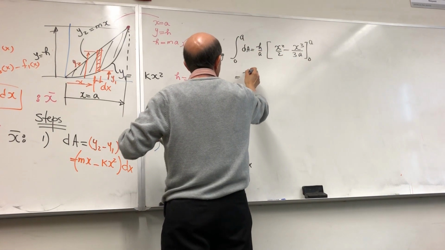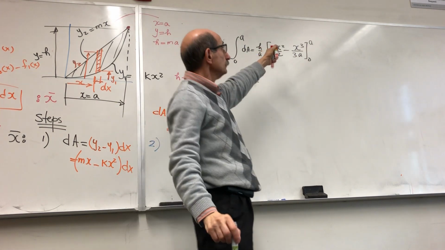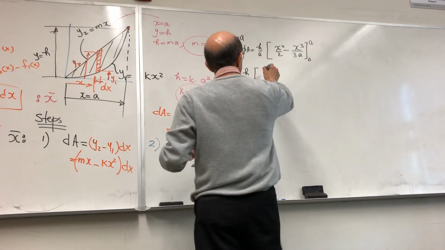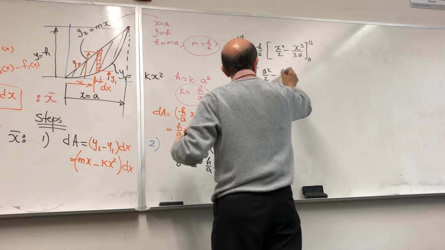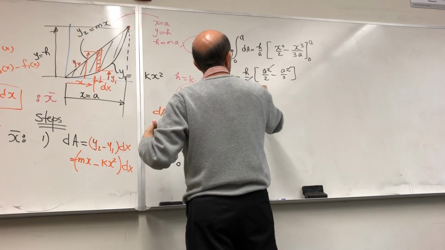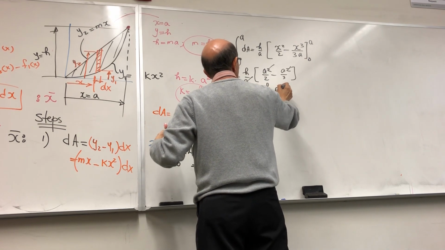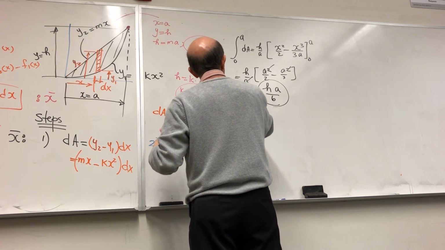You have h over a times a squared over 2 minus a squared over 3. This cancels out with that, and you have h a over 6. So that's the integral of dA.